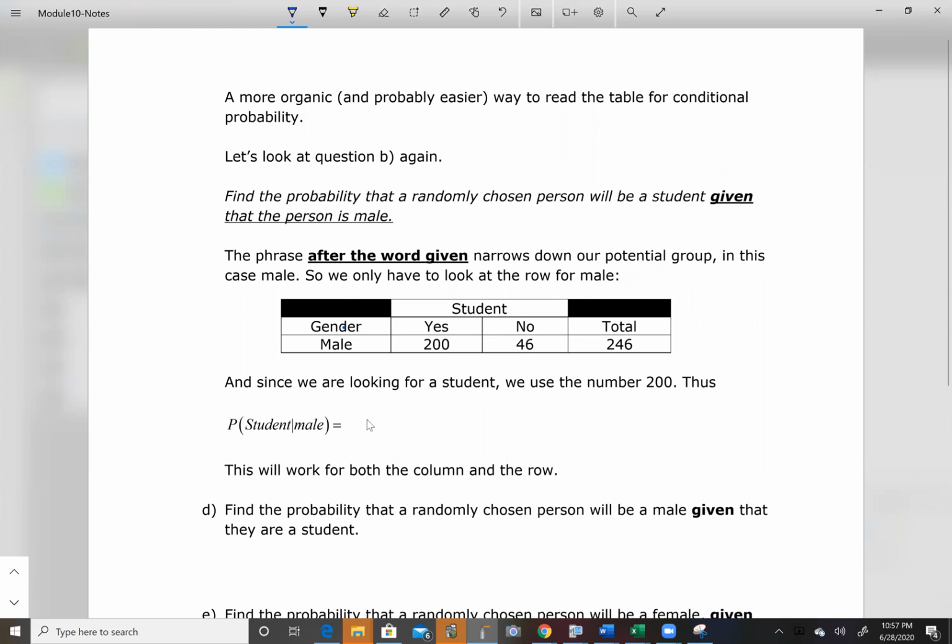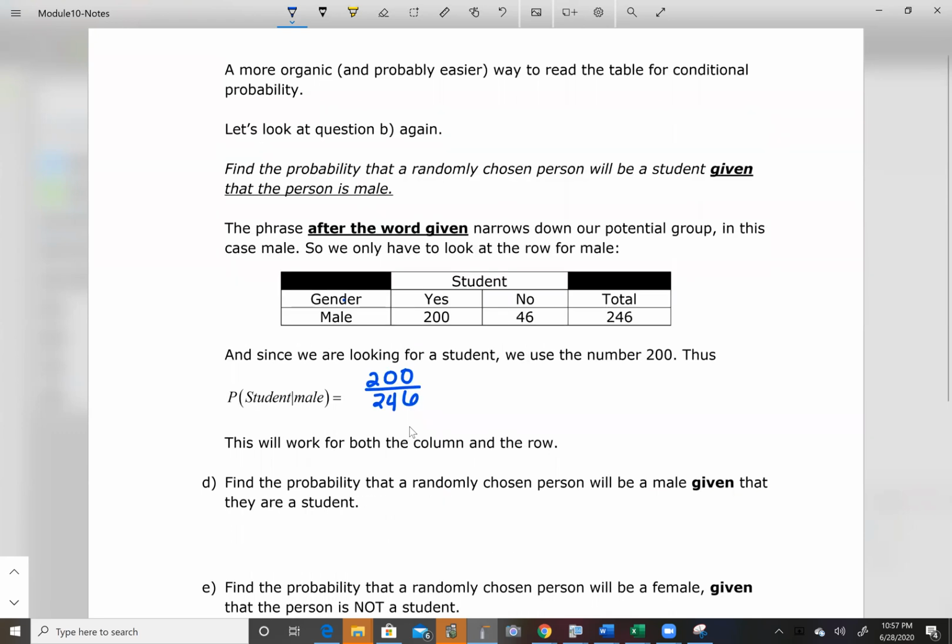So we know the probability that it is a student given that it is a male. This is just what we just did. It was 200 over 246. Okay. How is this different?